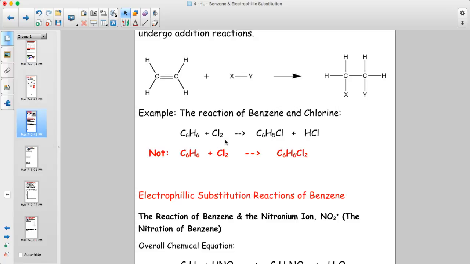So, for example, if we added chlorine to benzene, the addition reaction we would predict is that both the chlorines would add, and we'd get C6H6Cl2. But instead what we see is if we add chlorine, we end up getting C6H5Cl plus HCl. And so we end up getting a substitution reaction.